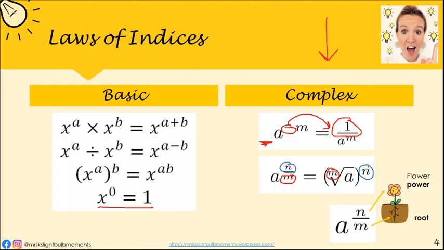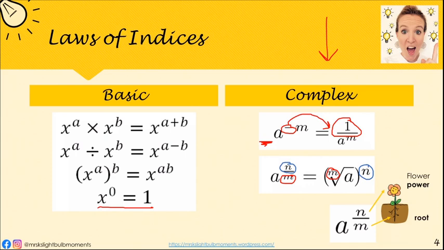If the n was a 3, you would then cube your answer. If it was 4, to the power of 4, your answer. Tricky, but we're going to practice some of these. Just trying to remember this infographic of the flower, with the root being the bottom number and the flower power being the top, might help you get them the right way around.